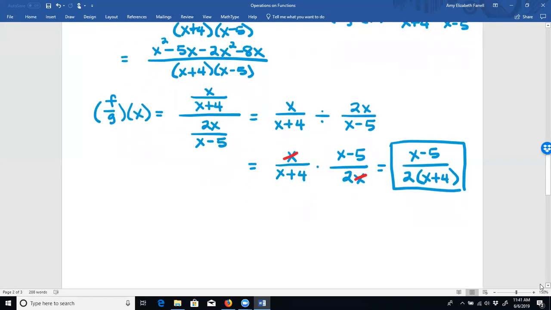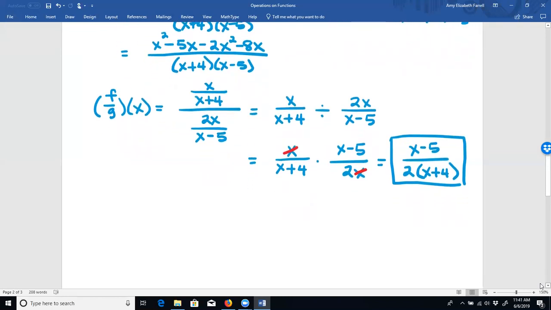Now for the domain, we're supposed to look at the domain of f, which we know is x cannot be negative 4. Then we're supposed to look at the domain of g. We did this already for the first 3.